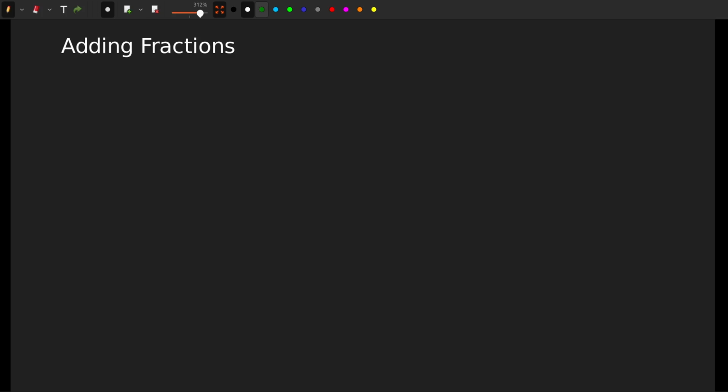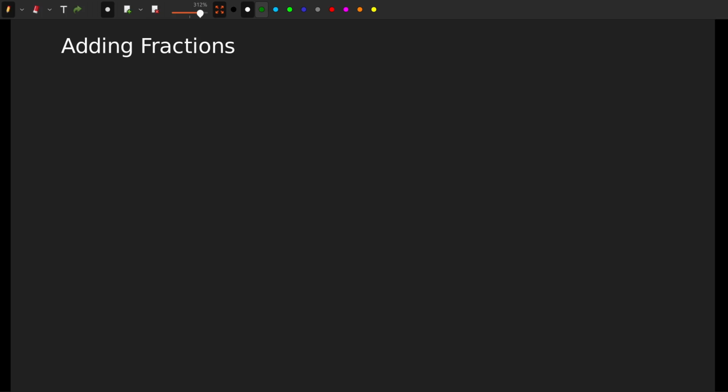So when it comes to adding fractions, we have two different possibilities. One in which the two fractions we're working with have the same denominator, and then another one in which they have a different denominator.